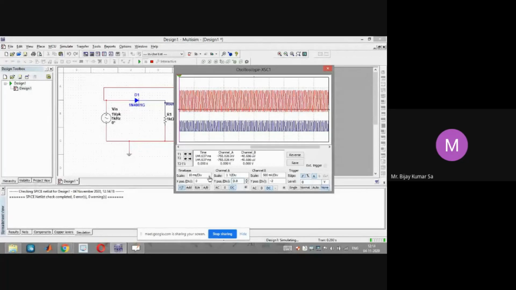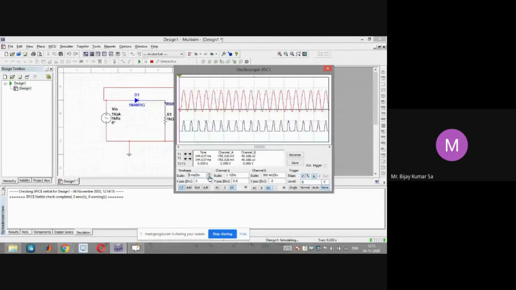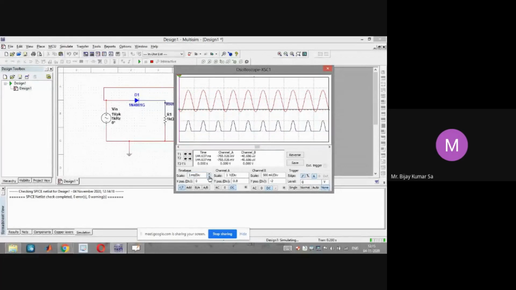Now, if I reduce the time per division, I will have the time axis somewhat scaled up. I am reducing the time per division so that the signal looks spread out on the x-axis. One thing you must remember: while I am changing time per division or volt per division, the characteristic of the signal is not changing.